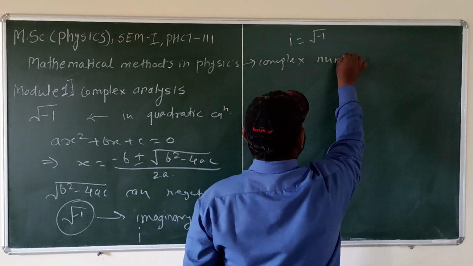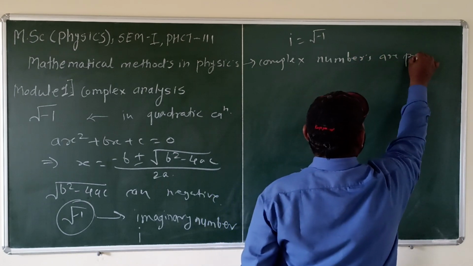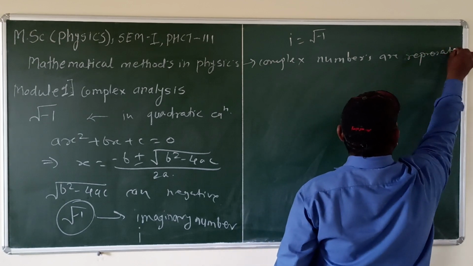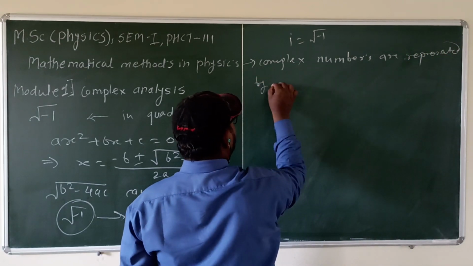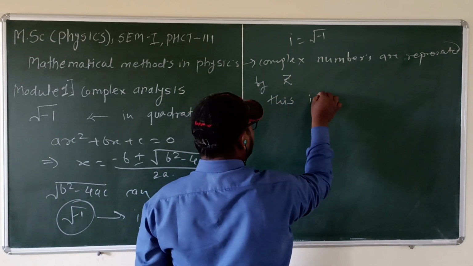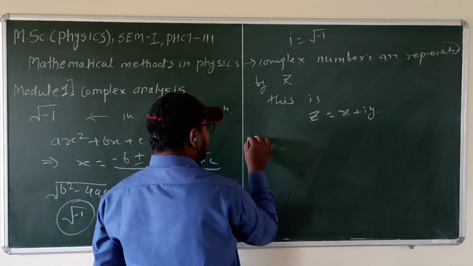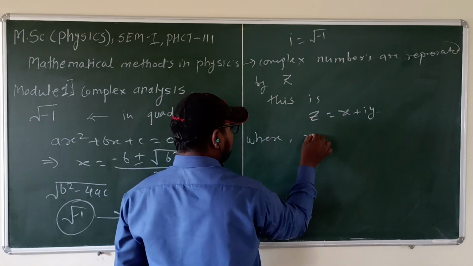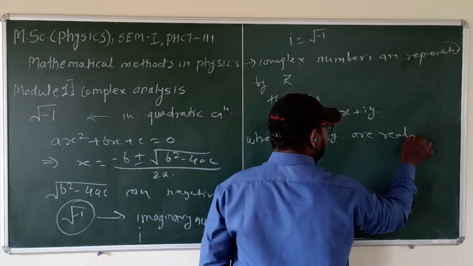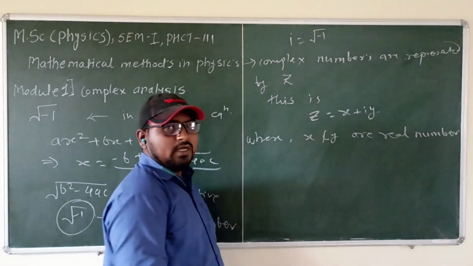Then there is the starting of the invention of complex numbers. Complex numbers are represented by the letter Z, and Z is equal to x plus iy, where x and y are real numbers, right?